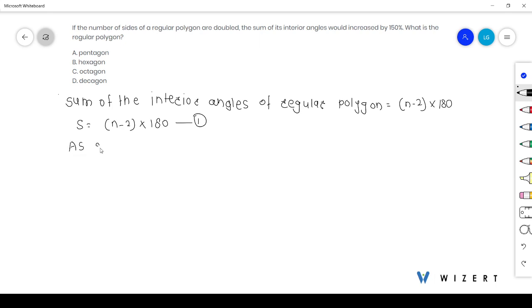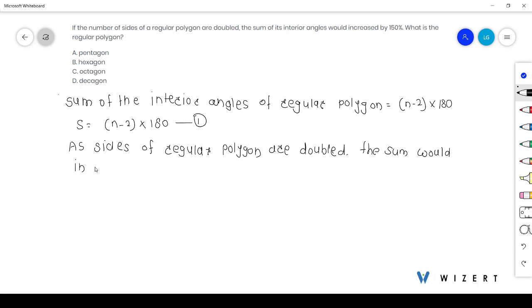Now, as the sides of a regular polygon are doubled, the sum would increase by 150%.